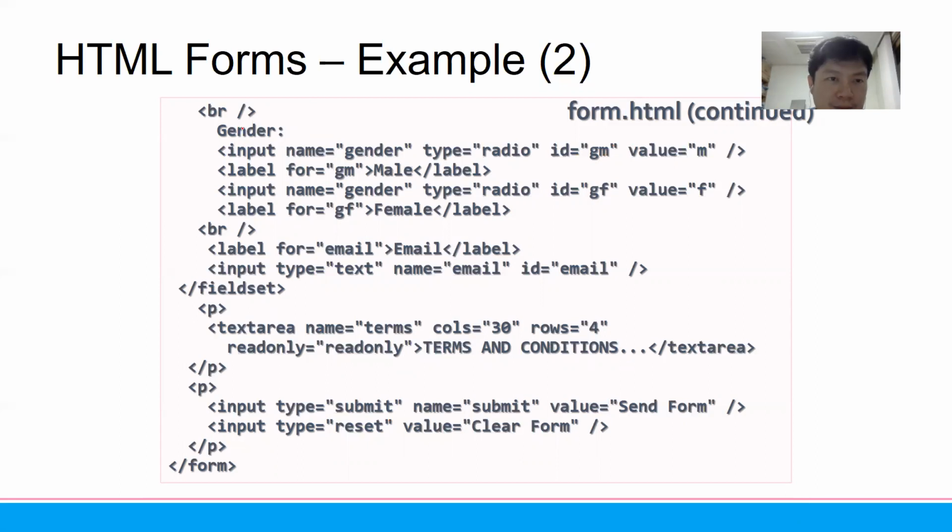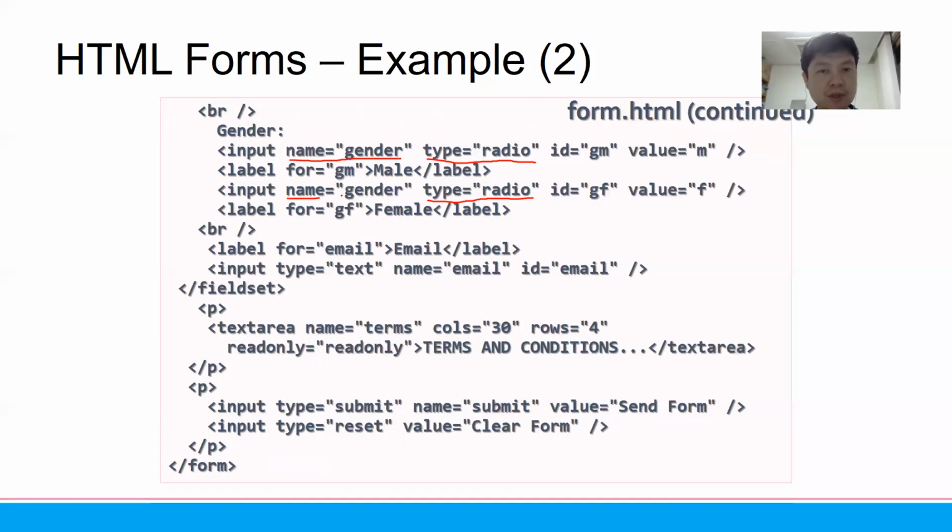Now I have another option. This one is BR. BR means you go to the next line, and we have gender. What is gender? Here we have the input, gender, and type radio. Okay, this is a good example, right? Yeah, we have the type radio. What is the type radio? Okay, as I mentioned to you, now we are making the same name.